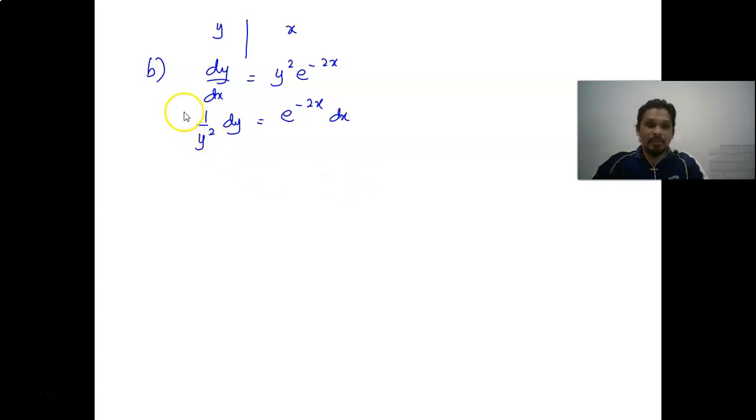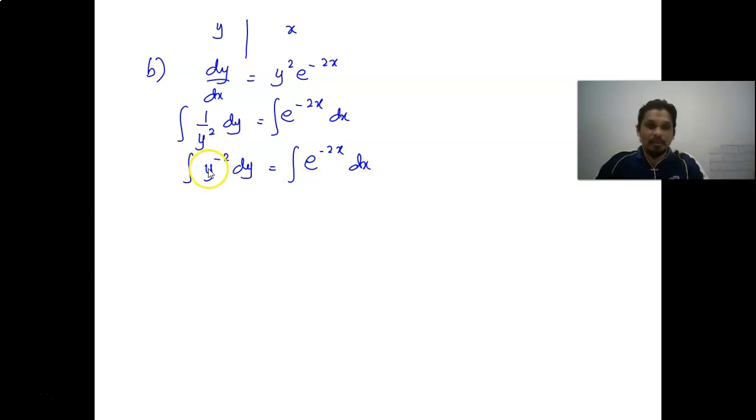So we integrate left and right, and the left we treat as y to the power of negative 2 dy, equal to the integral of e to the power of negative 2x dx.